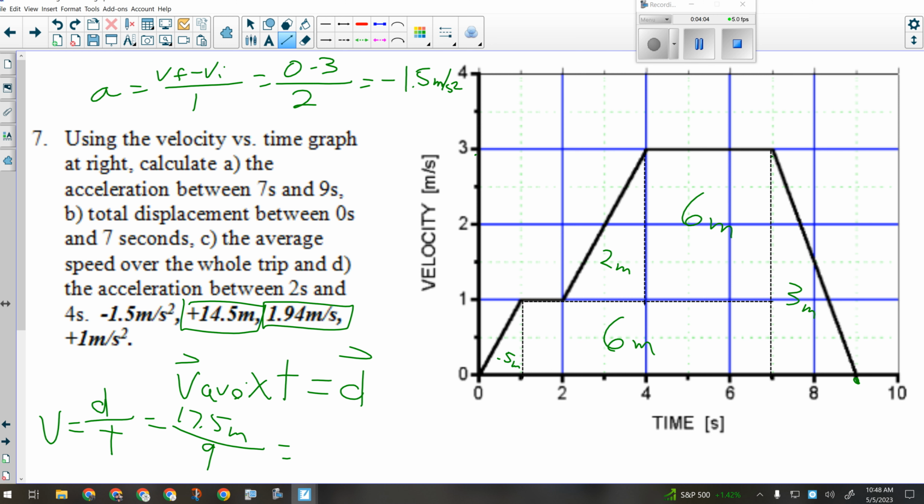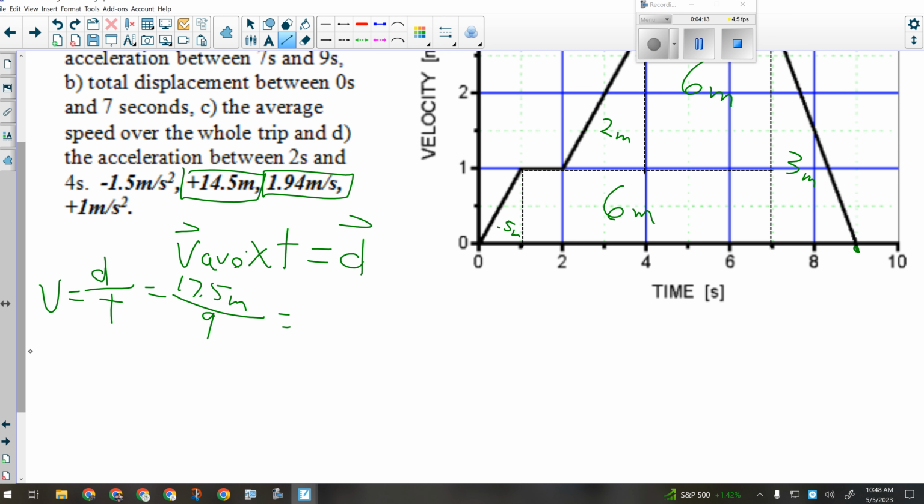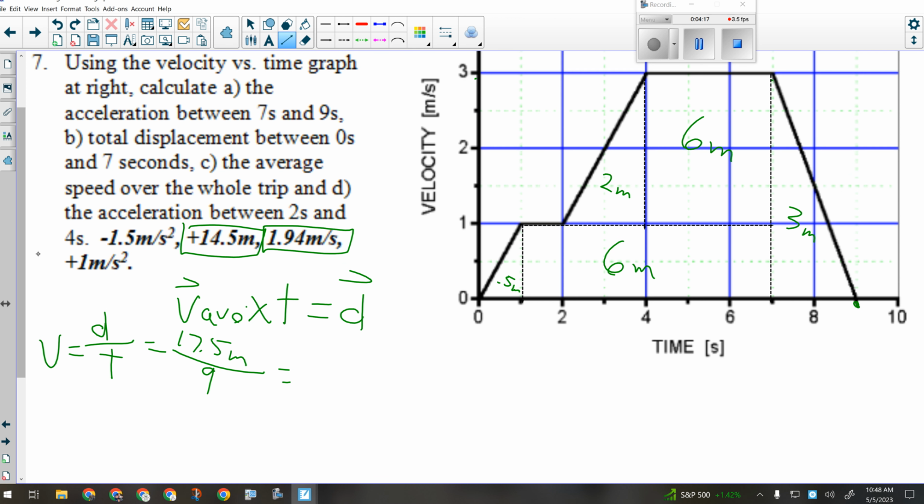Okay, and then the last one wants us to calculate an acceleration between 2 and 4 seconds. So that means we're back to this formula here, where we have a equals vf minus vi over t.